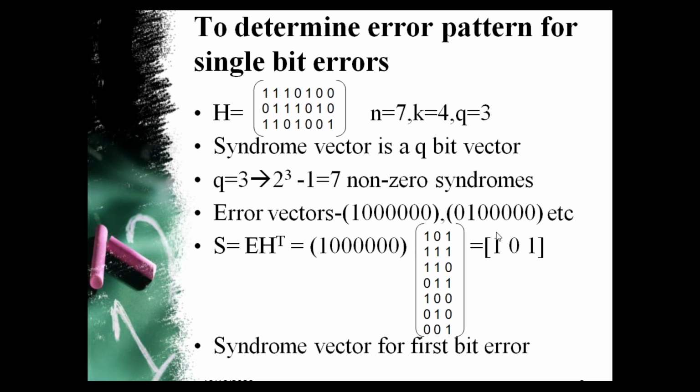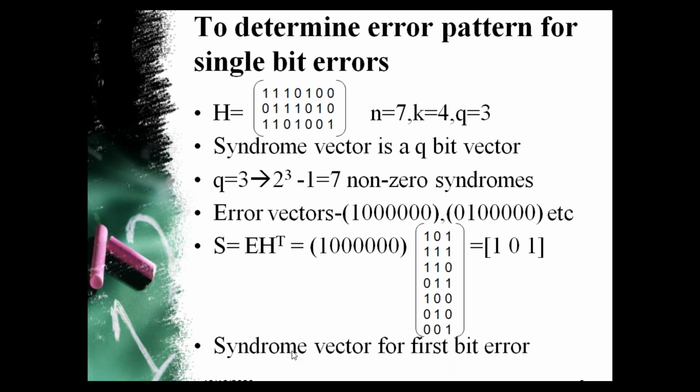Therefore 1 into 1, the first bit is 1. Then similarly 1 into 0 plus 0 into 1, 0 into 1, like that. Therefore we get the second bit 0. Then third bit 1 into 1, 0 into 1, 0 into 0, 0 into 1, etc. All are done with mod 2 arithmetic, mod 2 addition or XOR addition. Therefore we get 1 0 1 as the syndrome vector.